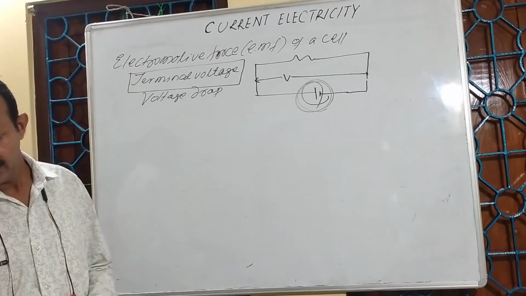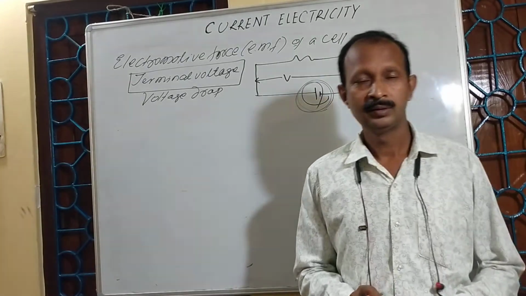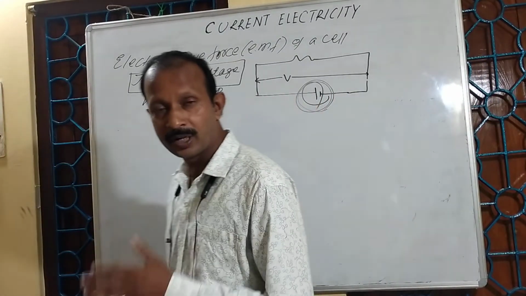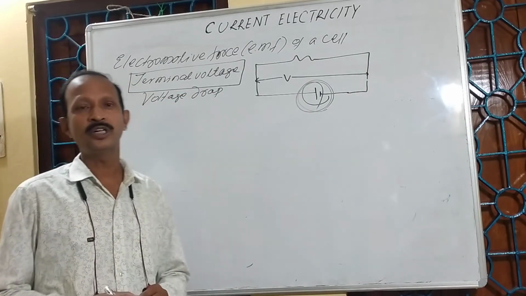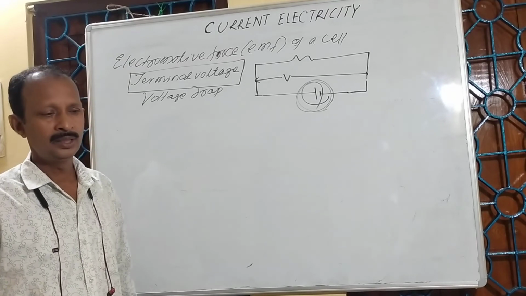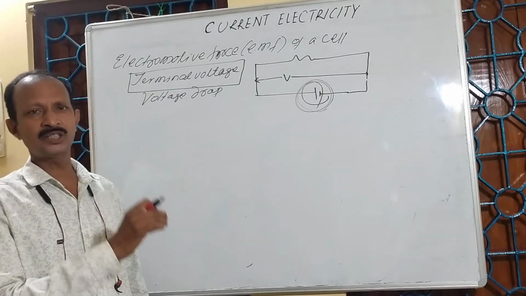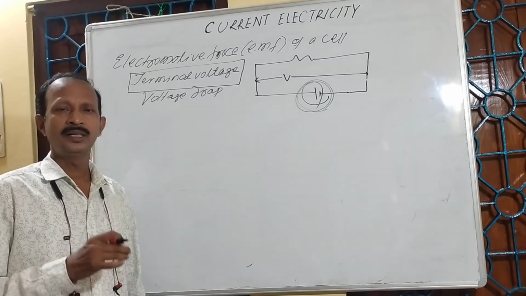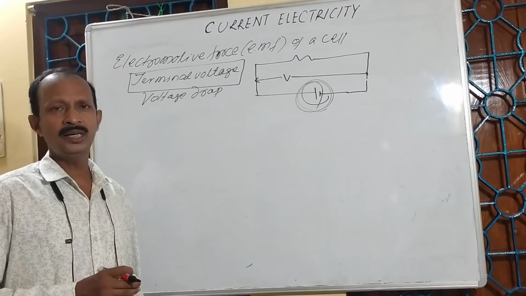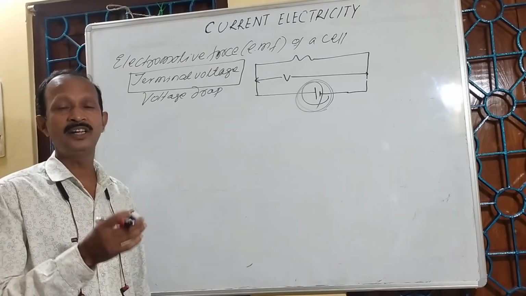Let us throw light on what we discussed in the previous class, potential difference and the electromotive force. One thing I want to say: when the cell is in a complete circuit, the potential difference between its two ends we call voltage or potential difference.